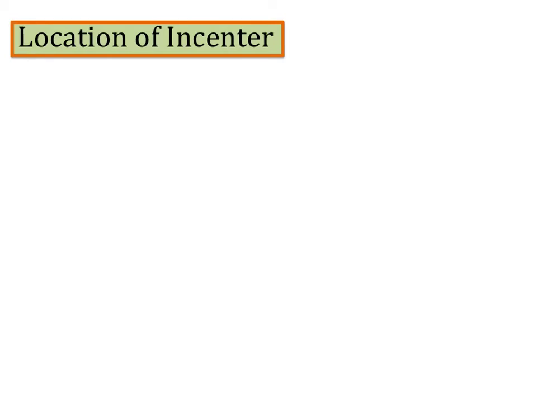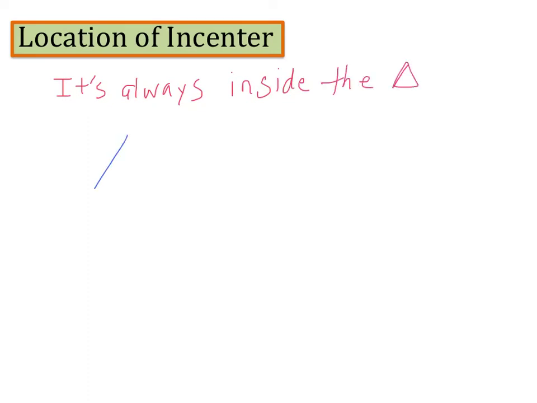The location of the incenter is different than the location of the perpendicular bisector's point of concurrency. So for the incenter, it's always inside the triangle. So regardless of what type of triangle it is, here let's have an acute triangle.